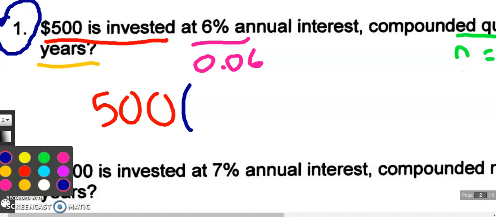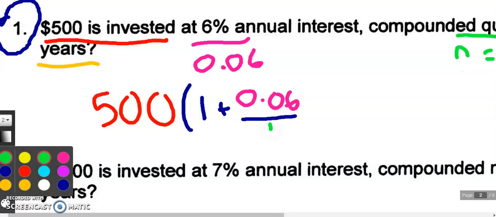According to the formula, I need a 1 plus my rate over my n, and then since I am doing 4 times per year, I also need to multiply the years by 4.